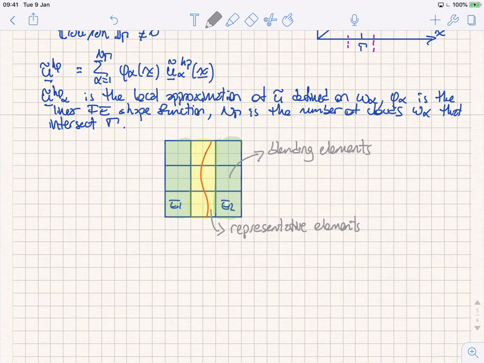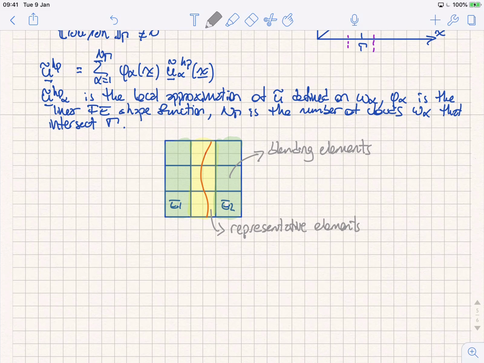So the ones that are called representative elements, the name is because they are trying to reproduce some kinematics about the problem that we know, right? In this case, we have a discontinuity. And so if I want to reproduce that discontinuity, I have to do something particular in those elements.